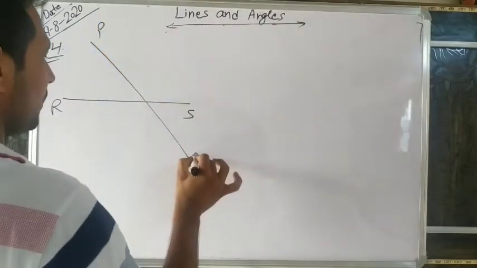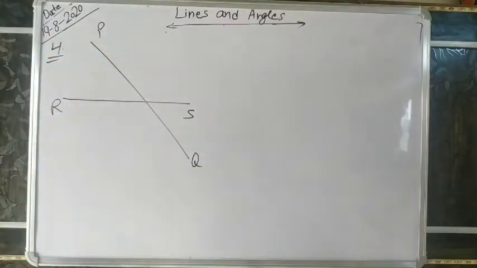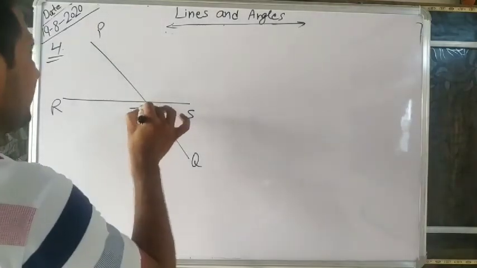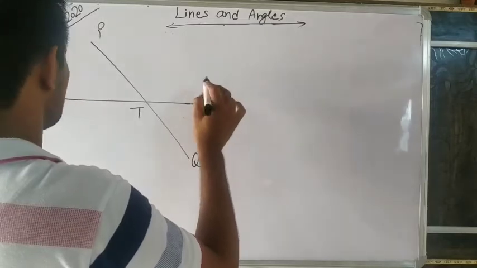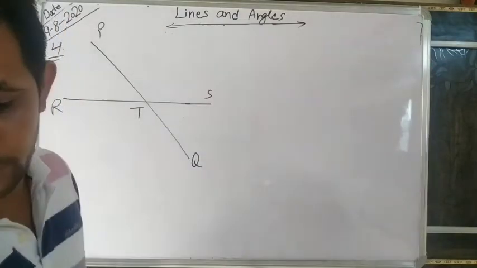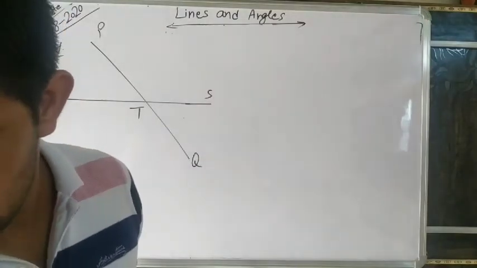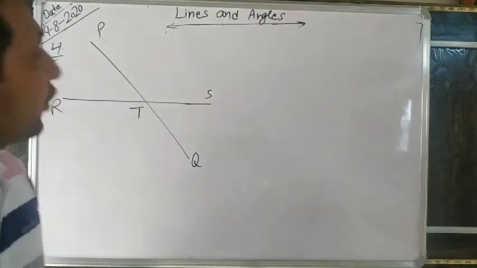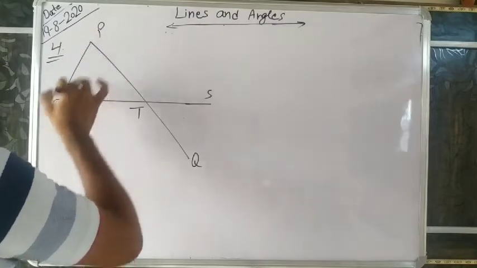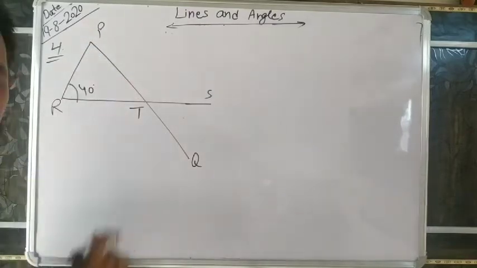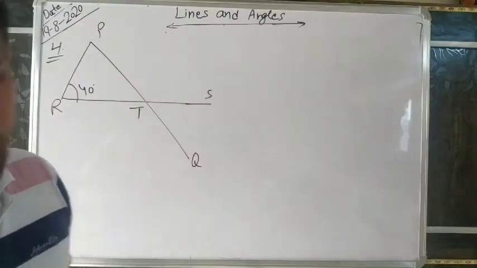What is given? PQ and RS cut at point T, and some more angles are given. PRT is 40 degrees. Next is RPT.